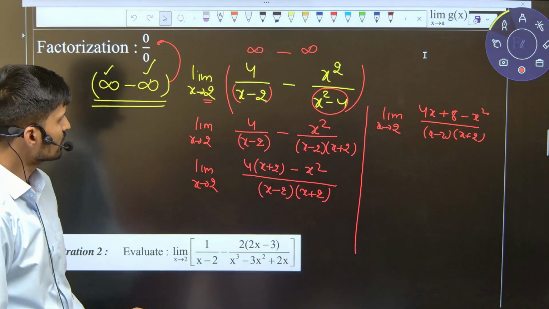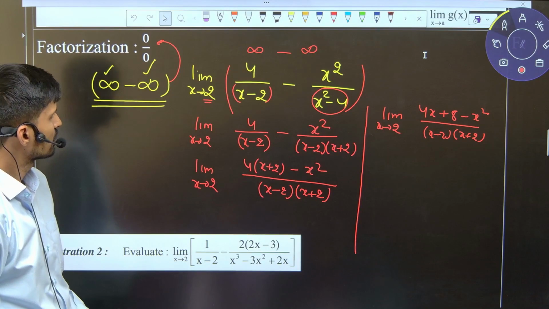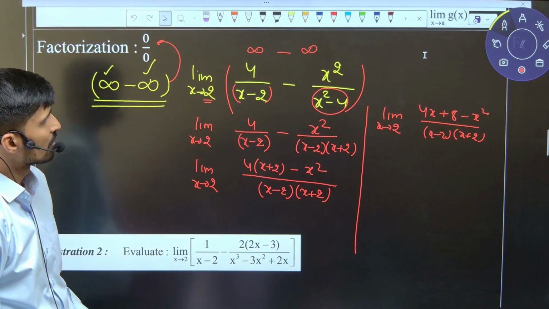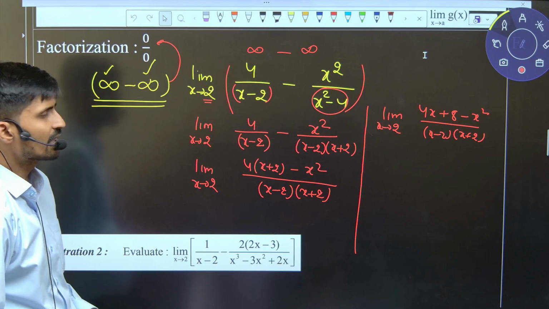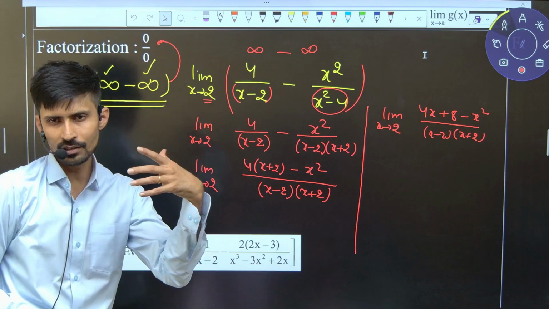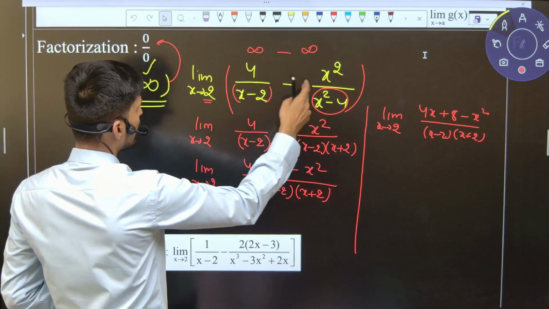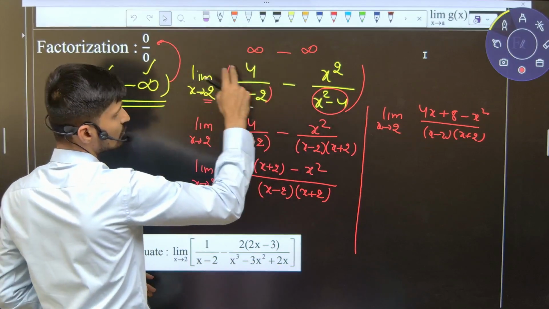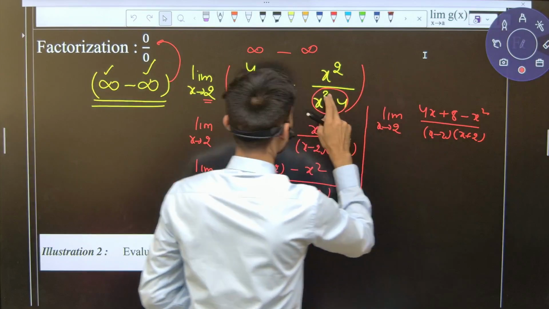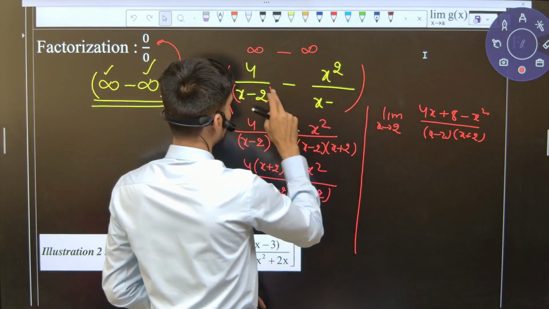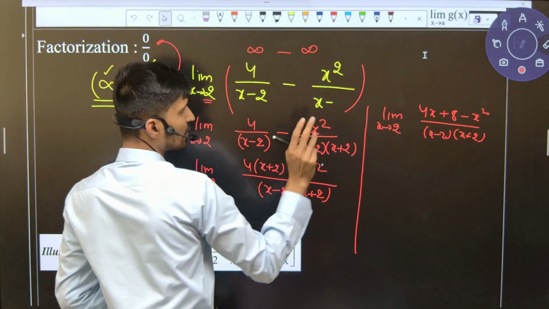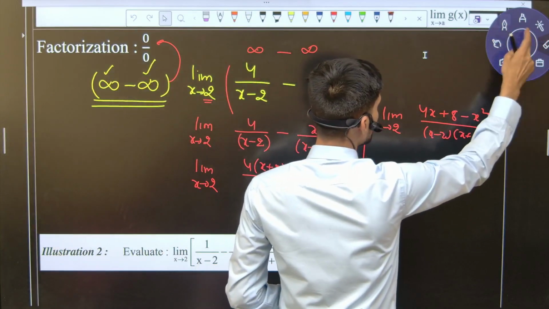No, not wrong, right? I think I designed the question from my own head, so maybe there is some problem. So I will change here. I will simply write here x minus 2. This will also become the same thing. I think for understanding purposes, I need to take some easier questions.